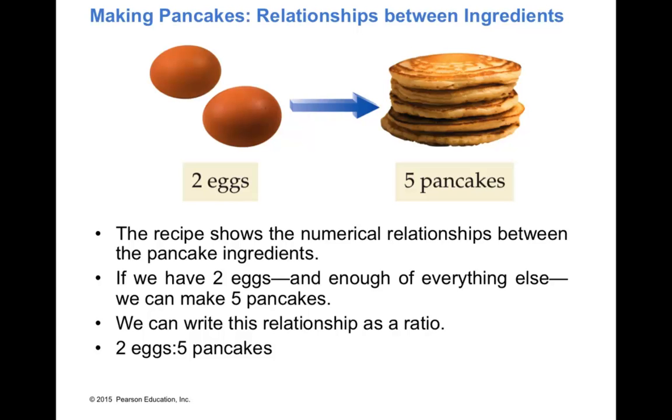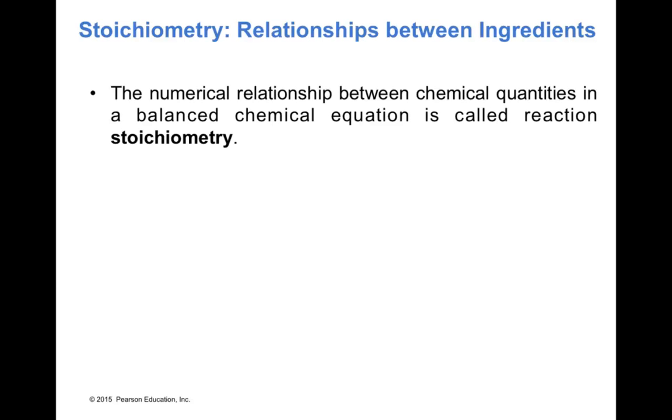So what does this have to do with a chemical reaction? We have something that is known as stoichiometry, that is the relationship between ingredients in a chemical reaction. The numerical relationship between chemical quantities in a balanced chemical equation is called the reaction stoichiometry.